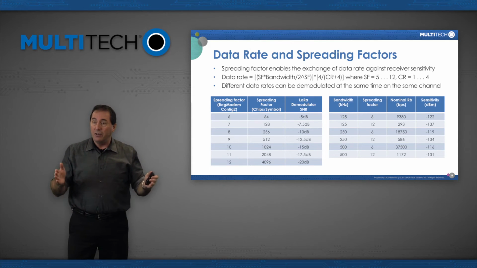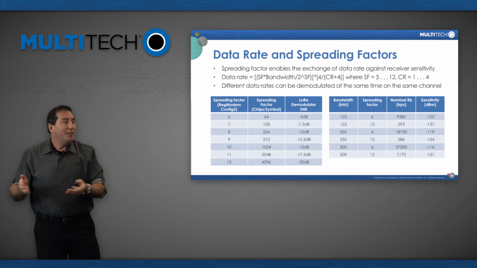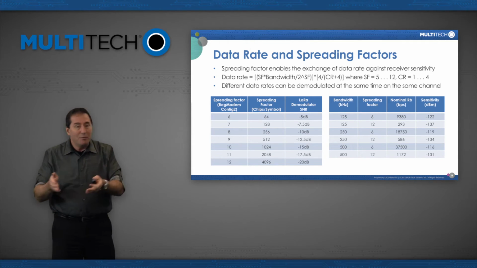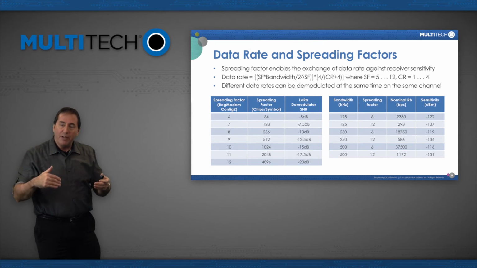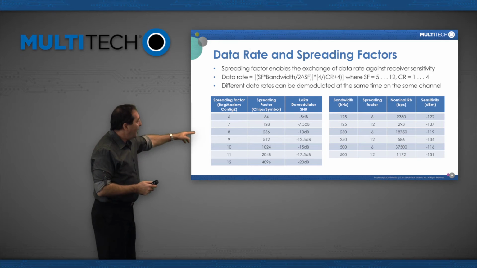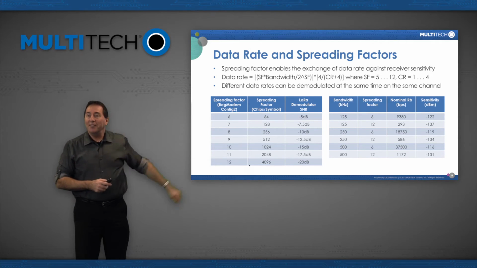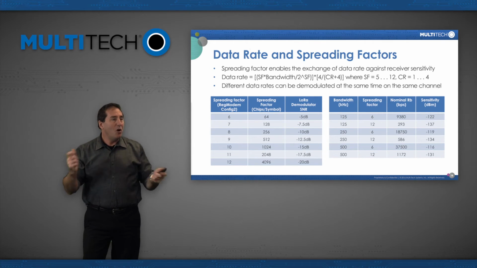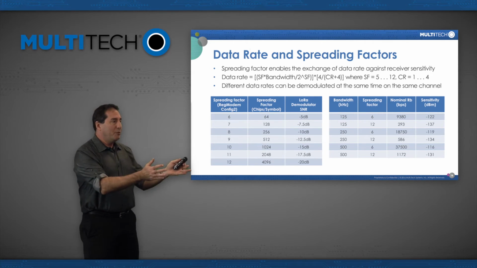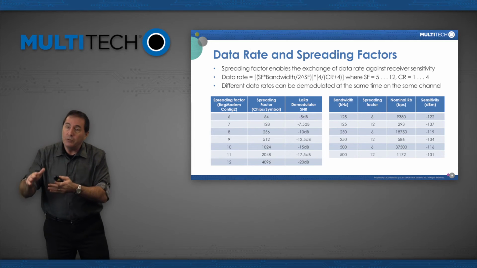It's going to take longer to send the 4,096 times the number of bytes than it will to send the 128 times the number of bytes. That's why your effective data rate is lower. But the higher the spreading factor, the better your sensitivity. So you're always trading off. You're trading off your bit rate for how far you can go, your sensitivity, or how well you can penetrate a building.